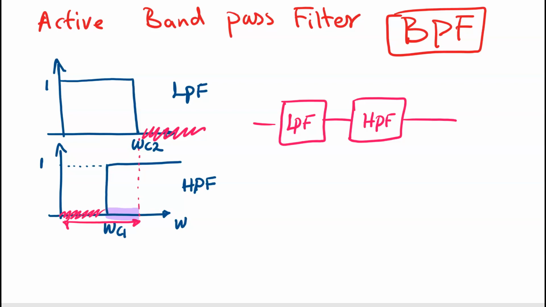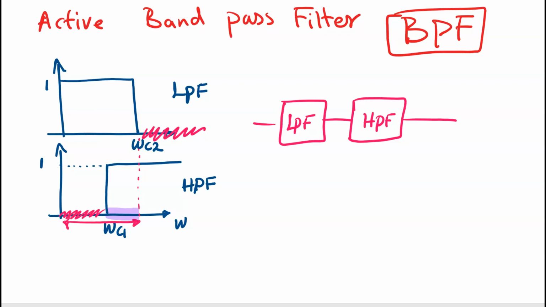So the only range of frequency that can survive these two filters are going to be frequencies between omega C1 and omega C2. Now, when I was trying to see what happens if I cascade a low-pass and high-pass filter, I made a default assumption that omega C2, or the cutoff frequency of my low-pass filter, is greater than the cutoff frequency of my high-pass filter.